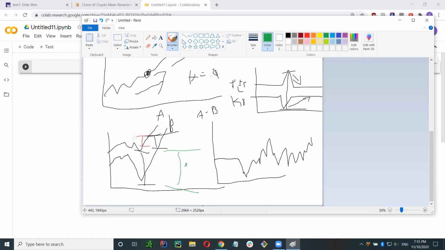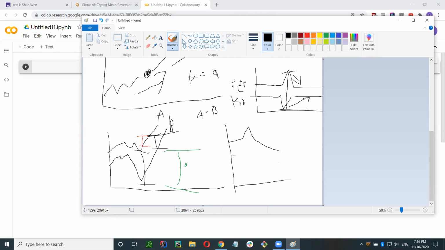Well, if you think about it, if we flip this graph upside down, and we go long on one and short on the other, and they both go down, we wouldn't lose much.